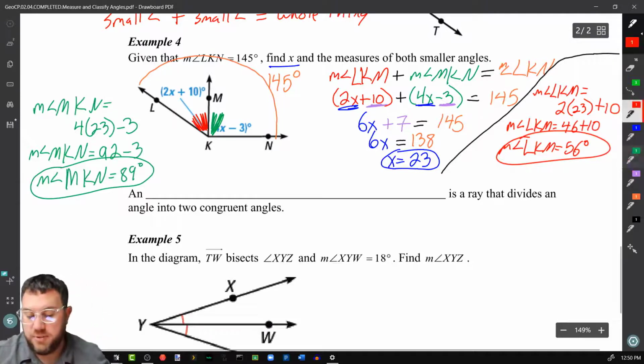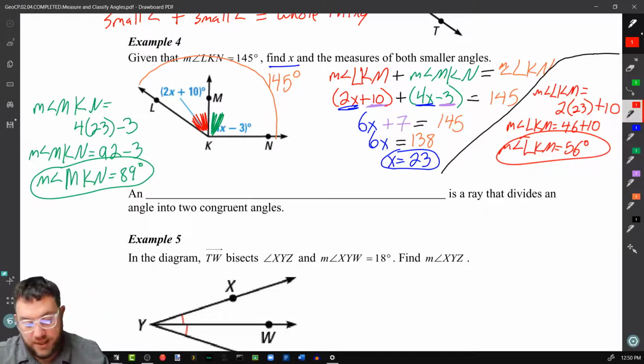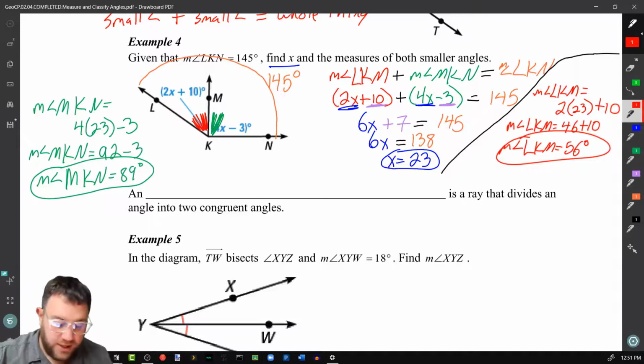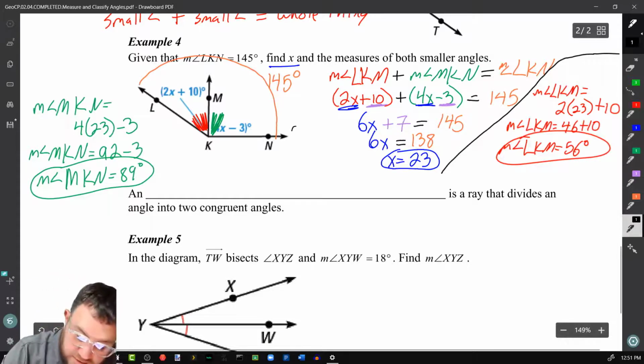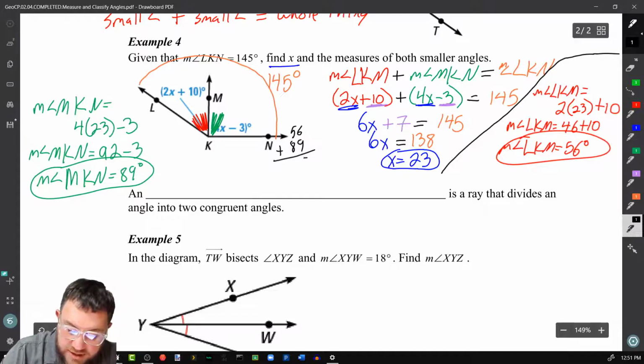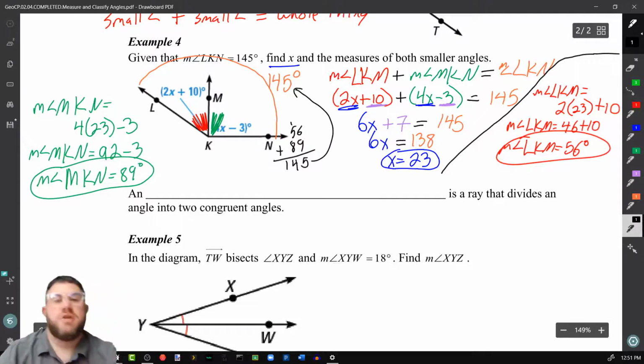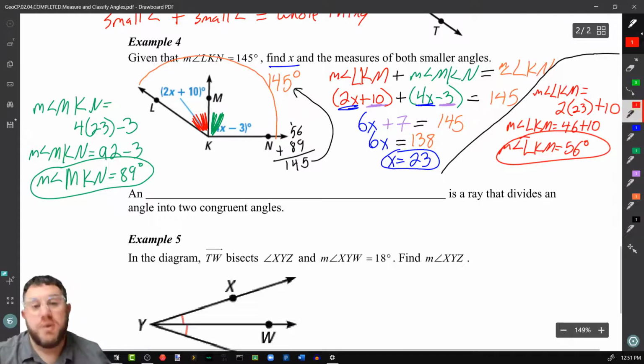So x was 23, and then our red angle LKM was 56. Our green angle MKN was 89. If we wanted to check our work, we could say 56 plus 89. That is going to give us 145. So we know we did it correctly, or we got really lucky.